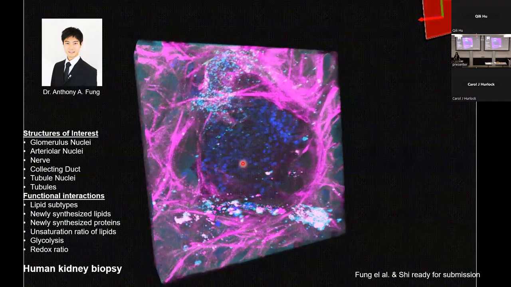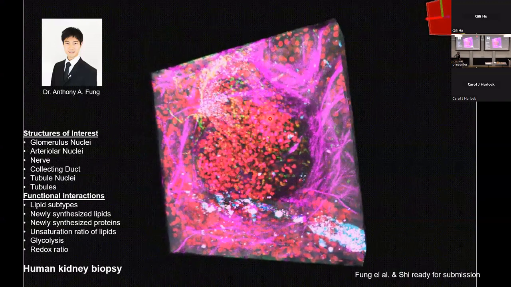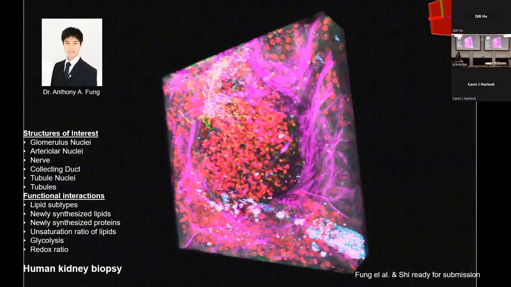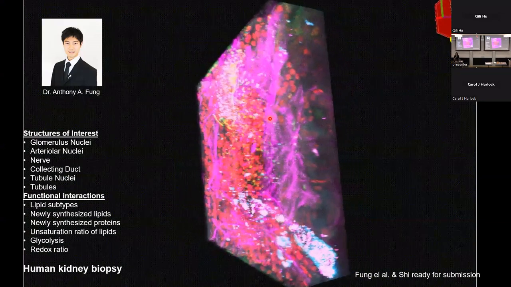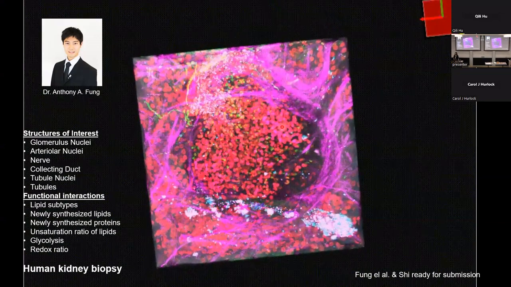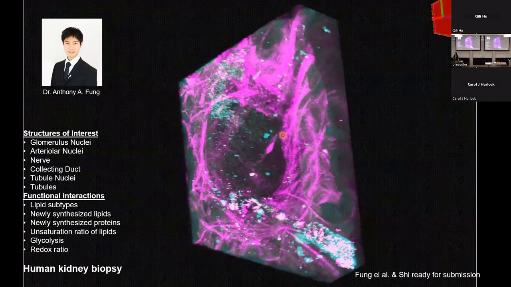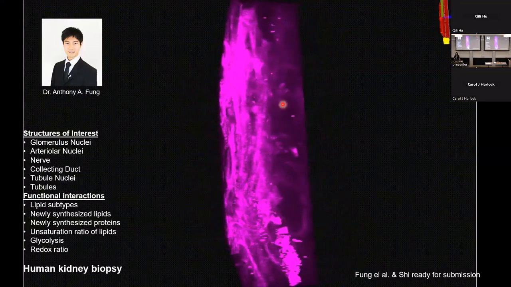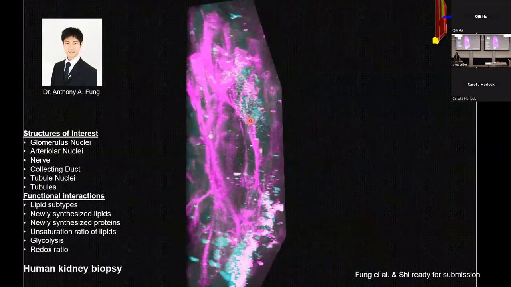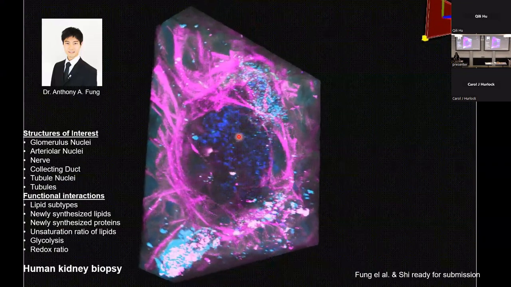You can clearly see that the collagen fibers are deposited in the surrounding area on the tubule side, not inside the glomeruli. And the red color is the protein composition signal from the cell type inside the glomeruli or tubule side. But the blue color is the protein composition signal from glomeruli, and another green color is also inside the glomeruli.